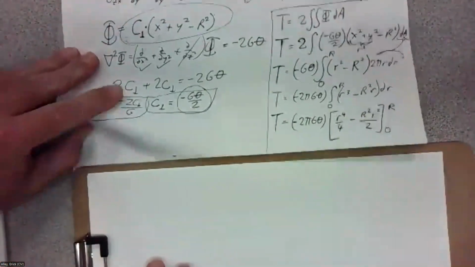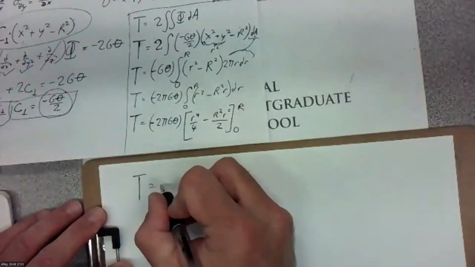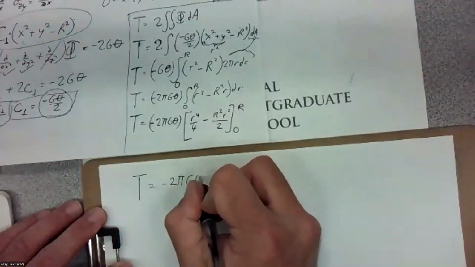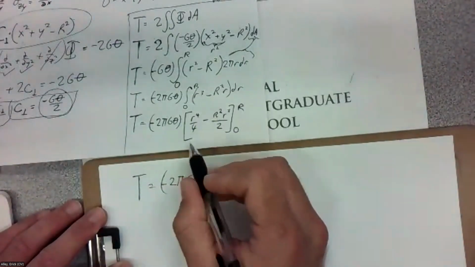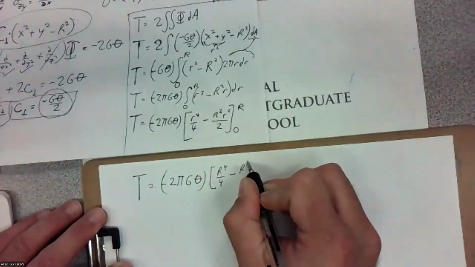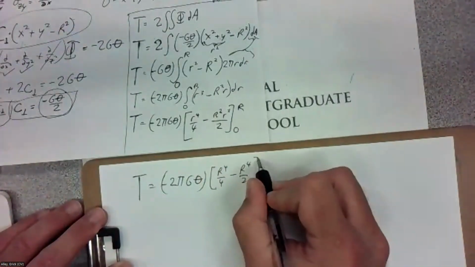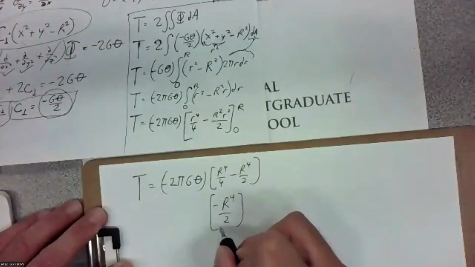All right, so let's see what we have come out of here. Minus 2 pi G theta. We plug in at 0, it's all going to go away. So we just do it with capital R. It's going to be big R to the 4th over 4 minus big R also to the 4th over 2. So I got minus R to the 4th over 4 inside the box.